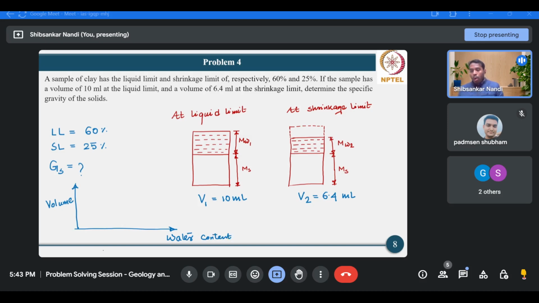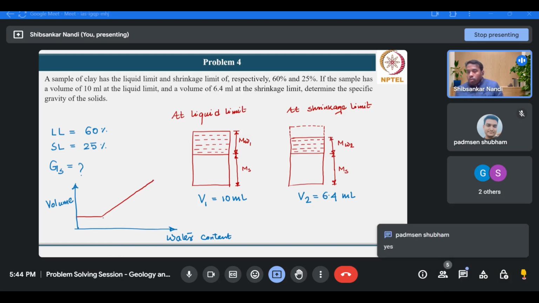Now, if you observe the typical behavior of a soil, considering these two aspects, that is volume versus water content, then you will see this kind of behavior. Yes or no? So volume will vary with water content in this fashion.